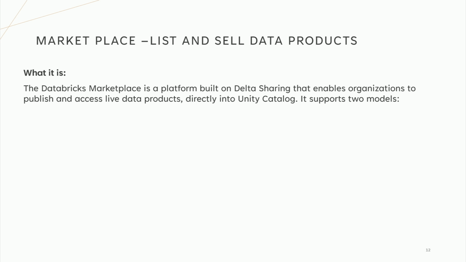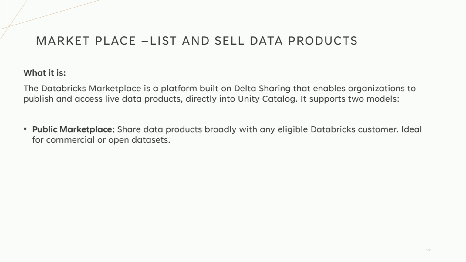And you have two different ways of sharing data in Marketplace. The first is the public Marketplace. If you have enabled Delta Sharing on your account, you will see a Marketplace icon on the left pane of your Databricks. If you click that, you will see a lot of different data products. So if you share data publicly, anyone that opens Marketplace will see the product that you have listed. But you can still say that they can see it but can't touch it.